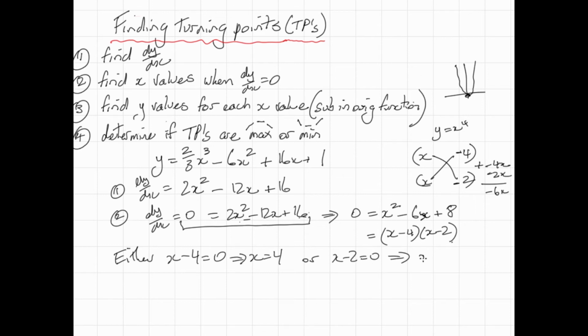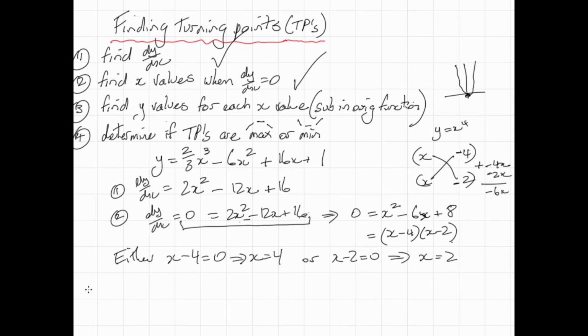Take the minus 2 to the other side, you get x equals 2. So we've got turning points at x equals 2 and x equals 4 because that is where the gradient is equal to 0. So we've done, what have we done up here? We've done that and we've done that. Our next step is to find the y values for each x value by substituting in the original equation.